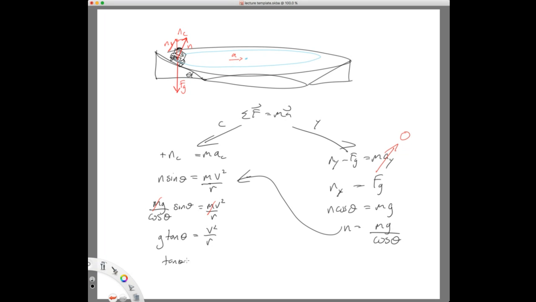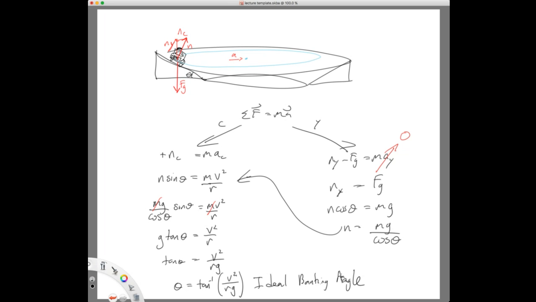We have tangent of theta equals v squared over r times g. And then to get theta by itself, we take the inverse tangent of both sides. And this angle is known as the Ideal Banking Angle. I should give that a capital A. This is a title.